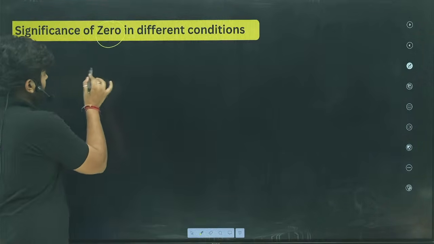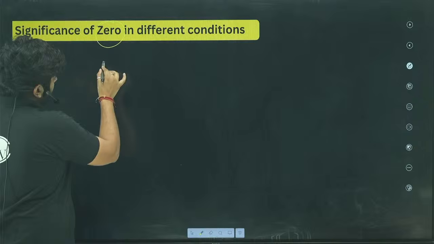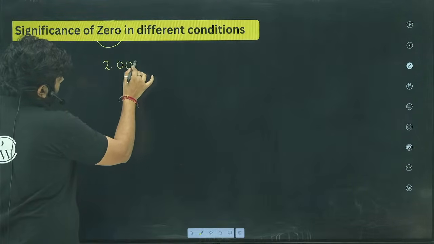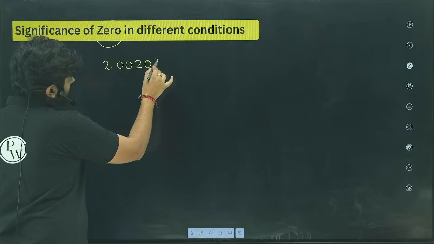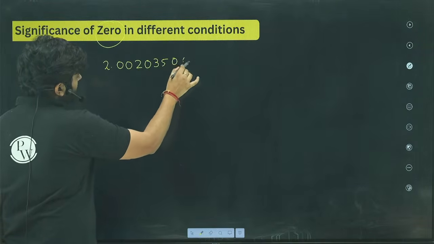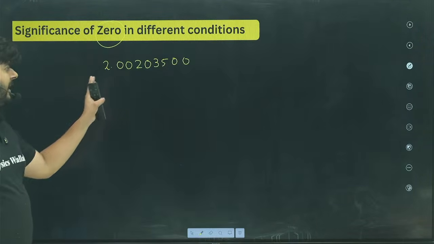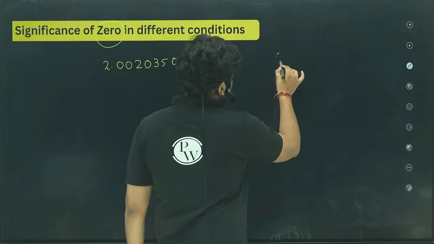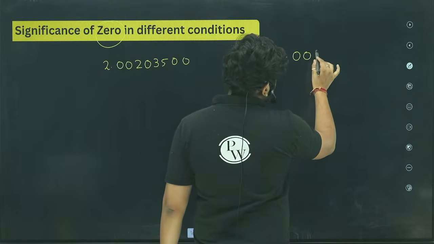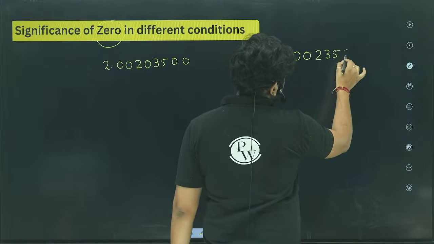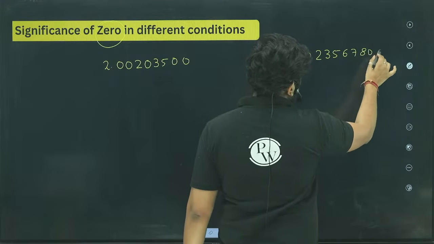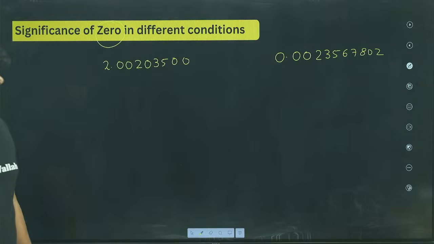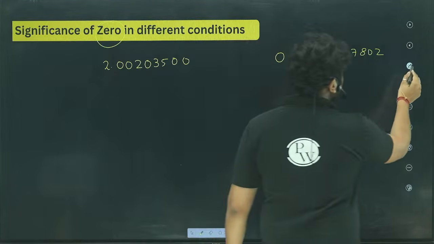For example, if it is written 2.002035500, we have different types of zeros. Look at that. We have 0.0023567802, like this. So we have different types of zero again in this situation. So let's make this number slightly prettier.